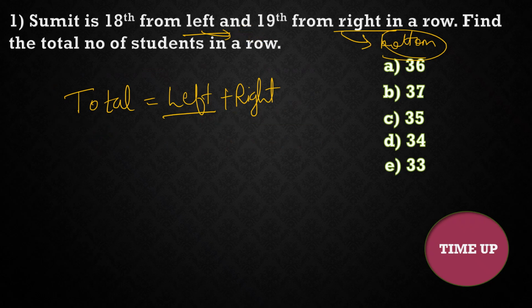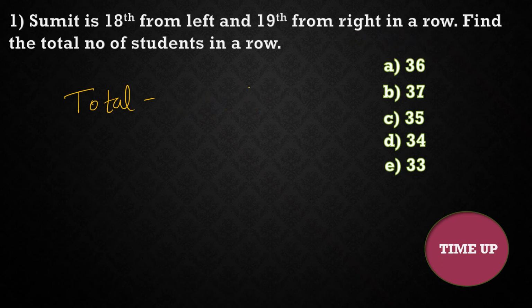So what does the question tell? Sumit is 18th from the left and 19th from the right in a row. Find the total number of students in a row. There are 5 options given to you. So what is the total formula here? Total is left plus right minus 1.